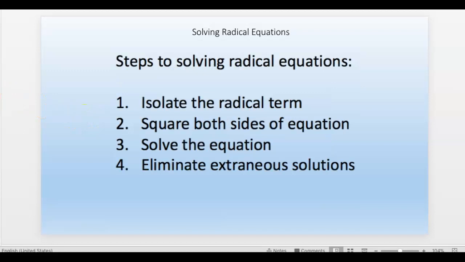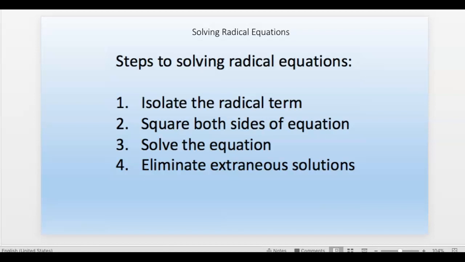Y'all, these are the 4 steps. The first step to solving the radical equation is to isolate the radical term. Just isolate it on one side of the equal sign and put everything else on the other side. That way, step number 2, you can square both sides of the equation and eliminate the radical sign, and then solve the equation.